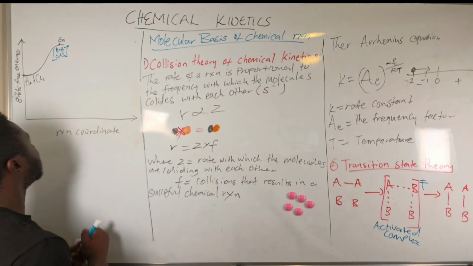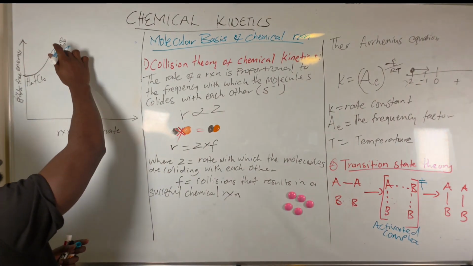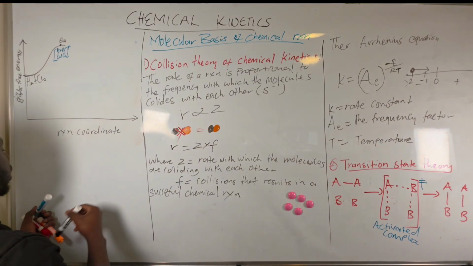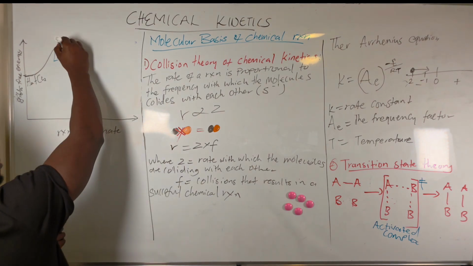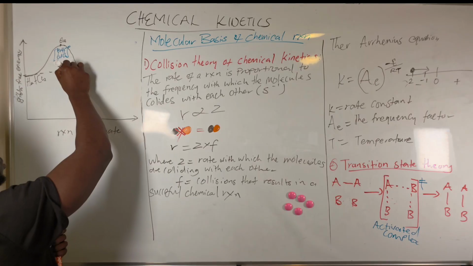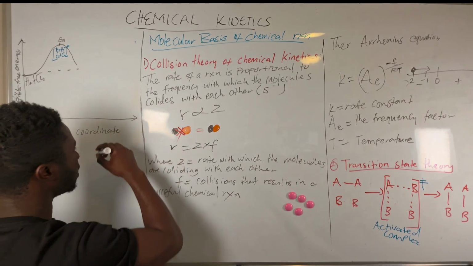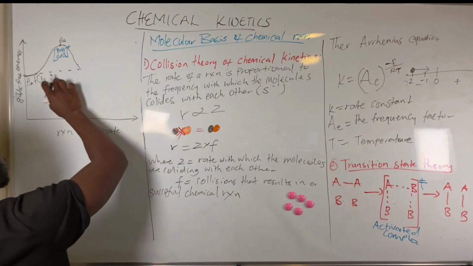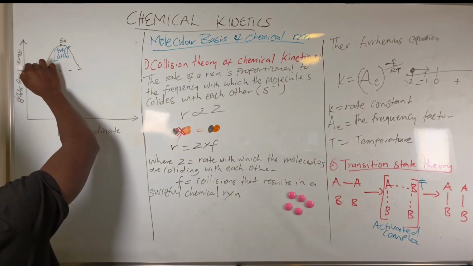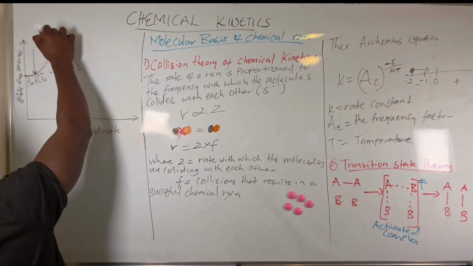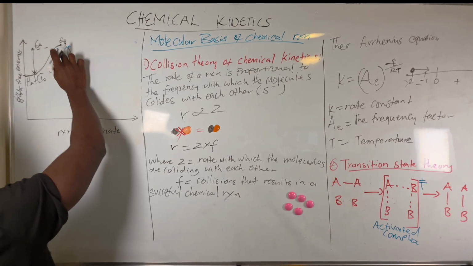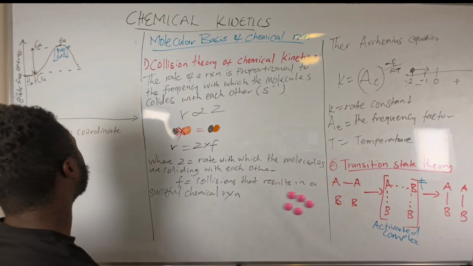It will dissociate to form the product. So when it dissociates, it will come somewhere down here, and when it reaches this level, the energy that it has used from the bottom all the way to the top over here becomes the activation energy, and the species formed up here is the activated complex.